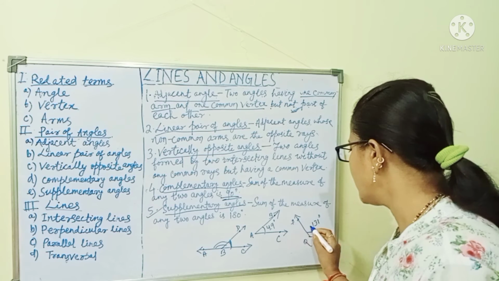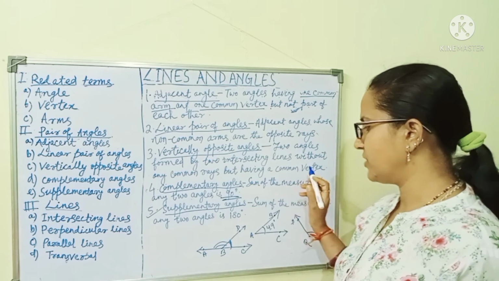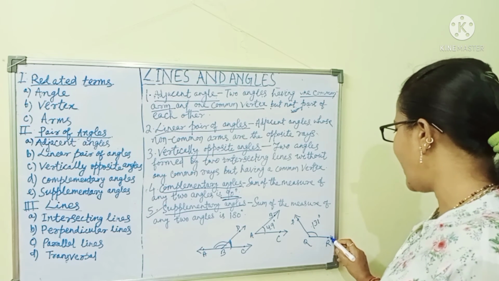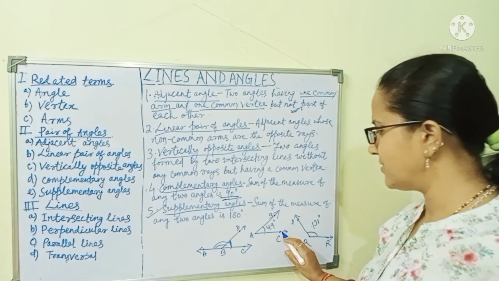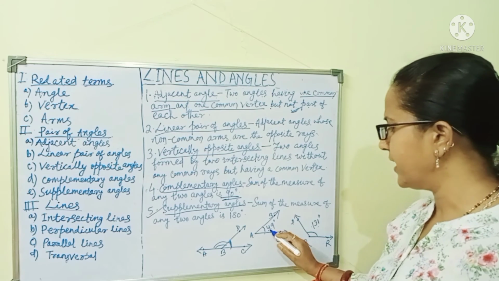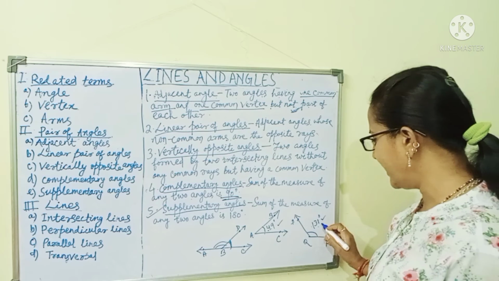If the sum of these two angles is 180 degrees, then you get supplementary angles. This BAC angle is the supplementary angle of PQR and PQR angle is the supplementary angle of BAC. So 131 degrees is the supplementary angle of 49 degrees and 49 degrees is the supplementary angle of 131 degrees.